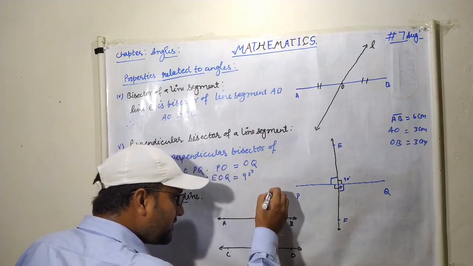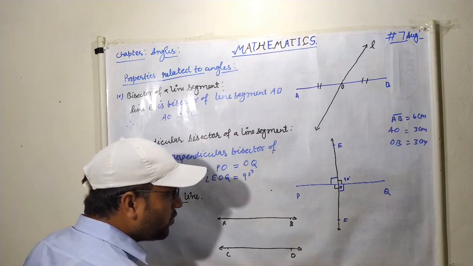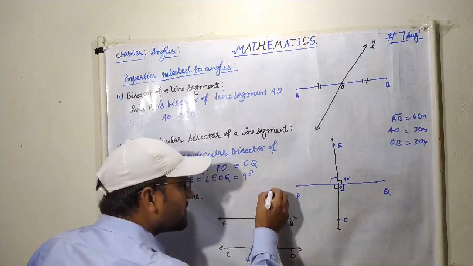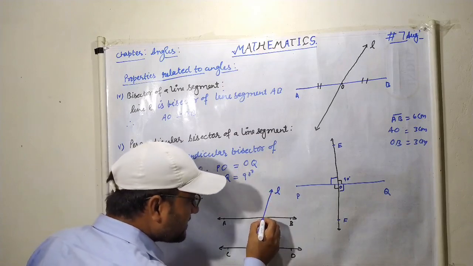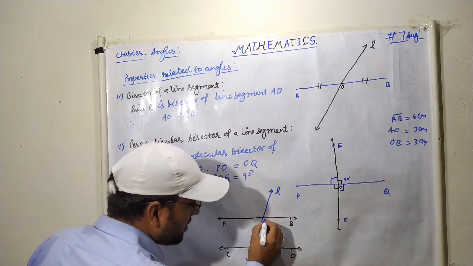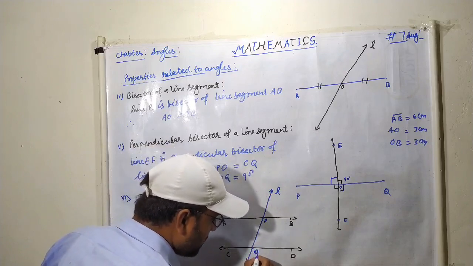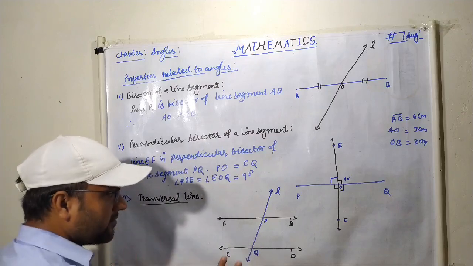A line that intersects two or more than two lines at different points is known as a transversal. Here I have taken a line L. It intersects two lines at different points. This is known as P, and this point is said to be Q. It intersects at different points.